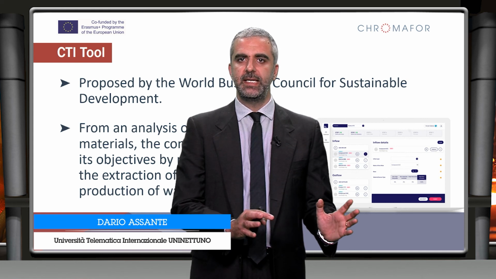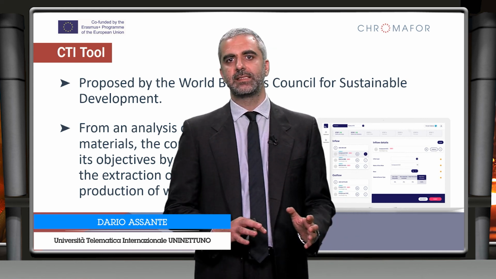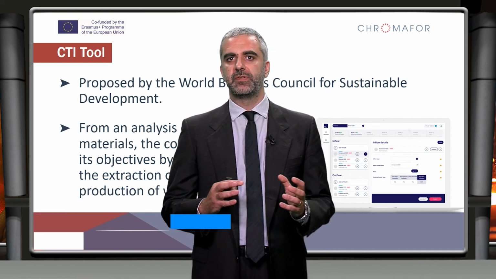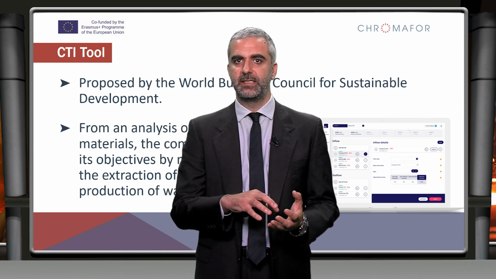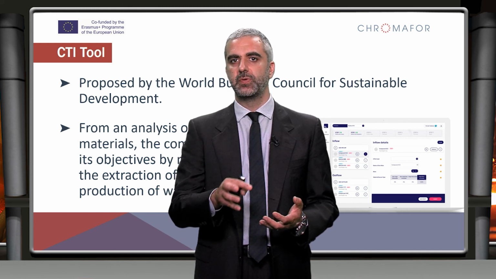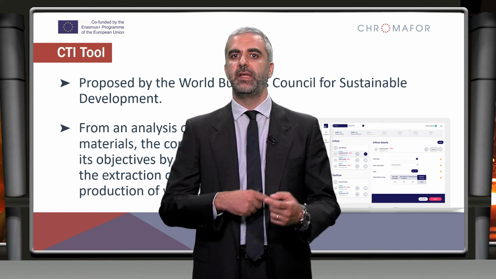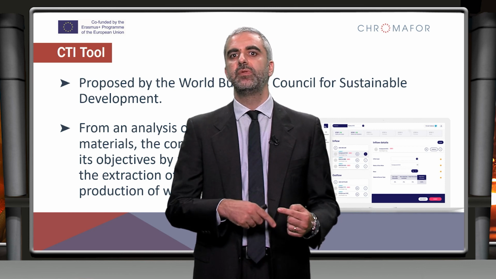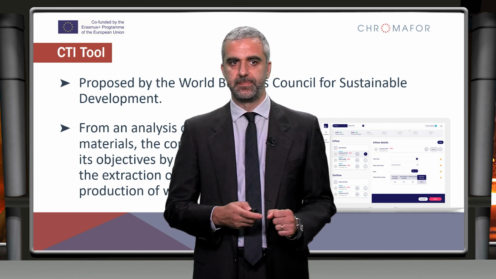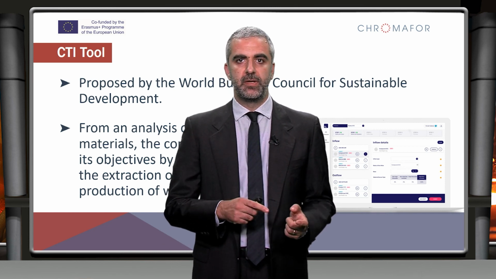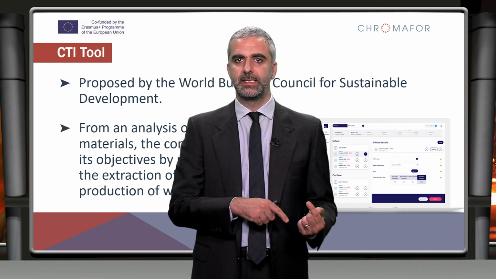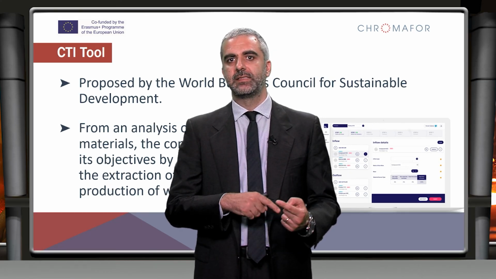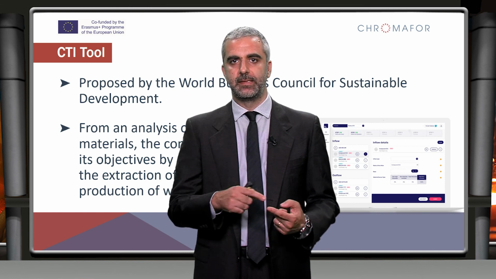So, the company, thanks to this tool, is able to get some information, some indicators about the level of circularity of their process related to the use of materials, to the reuse of materials, and to the production of wastes. In particular, the tool analyzes the cycle of materials and wastes and then provides a solution to optimize it.